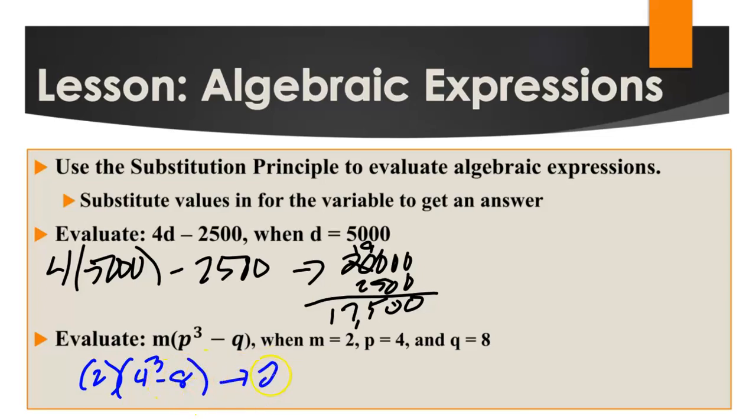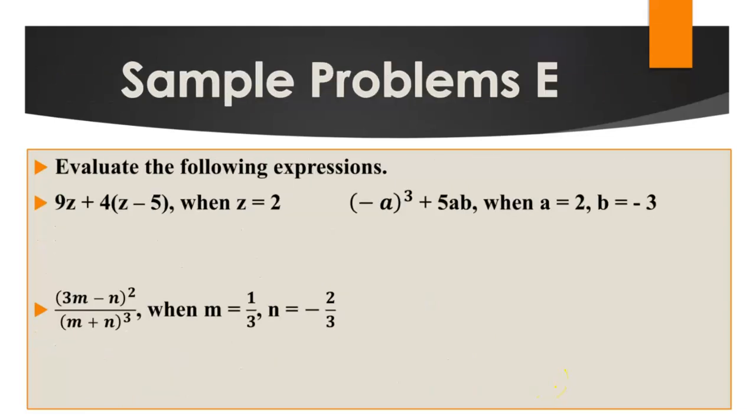So 4 cubed is 64 minus 8 will give us 56. And 2 times 56 would give us 112.